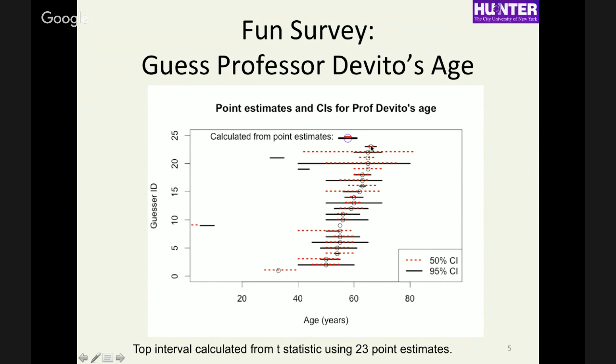And the person who thought he was the oldest said 62 years old. I've plotted here the 50% and the 95% confidence intervals around each one so that we can analyze them and say whether each of these respondents understands confidence intervals.